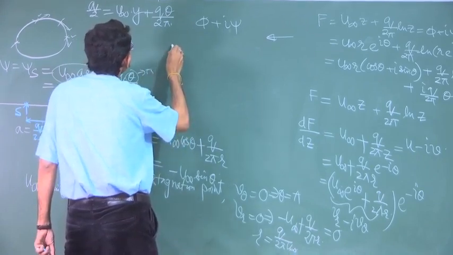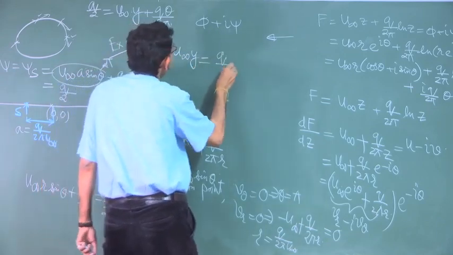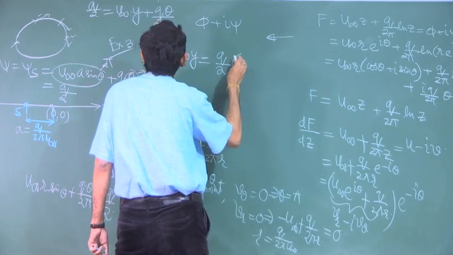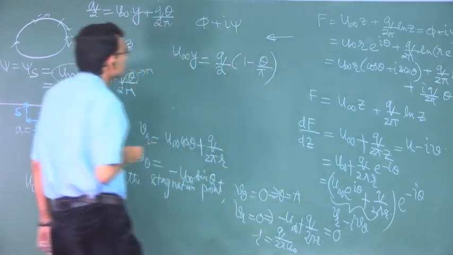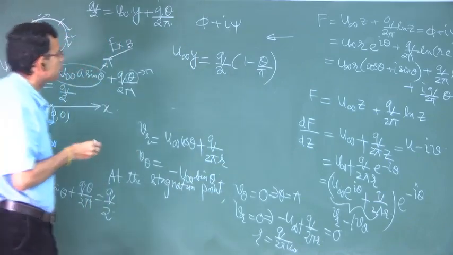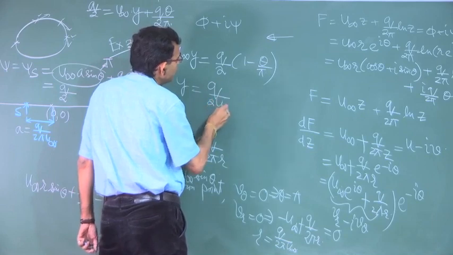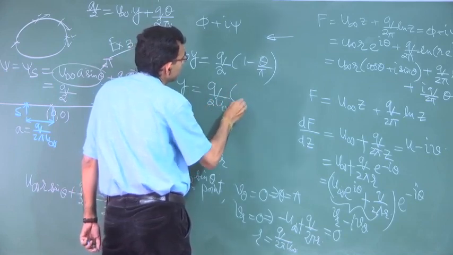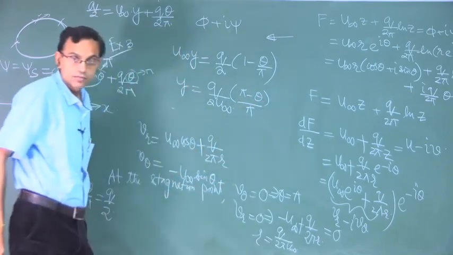So, u infinity y is equal to q by 2 into 1 minus theta by pi. So, y is equal to q by 2 u infinity into pi minus theta by pi. Right.